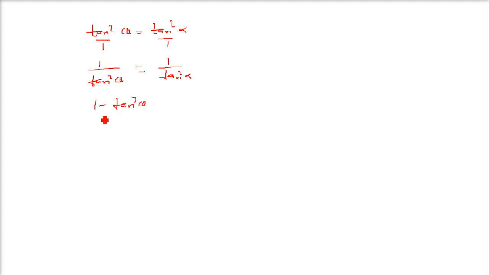Now the third is tan square theta equal to tan square alpha. What do you get here? If you see, this is by 1 and this is by 1. So what you can do? Just invert it: 1 by tan square theta equal to 1 by tan square alpha. Now you can use componendo and dividendo on this. So you get 1 minus tan square theta by 1 plus tan square theta equal to 1 minus tan square alpha by 1 plus tan square alpha.